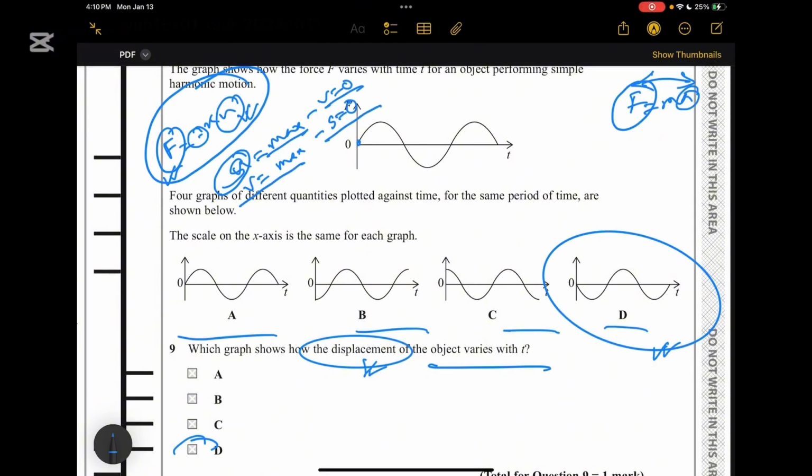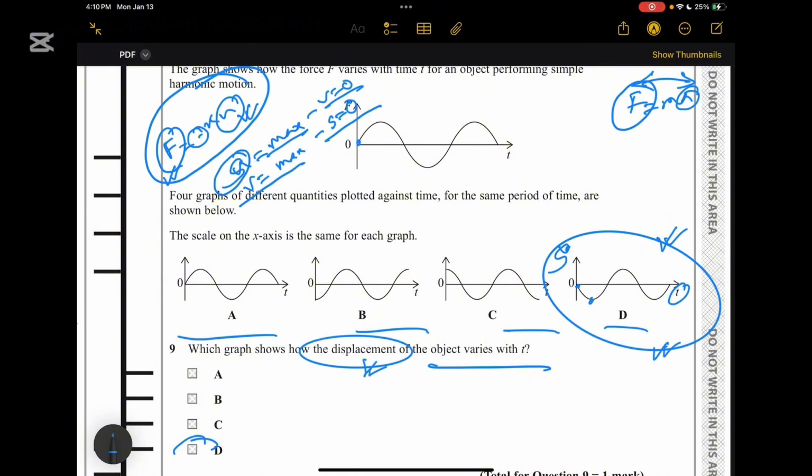So here, let's take this graph. This is a VT graph, right? Sorry, this is the displacement time graph. So if the displacement is 0, the velocity will be at max. And when the displacement is maximum, like this, here, the velocity will be 0.